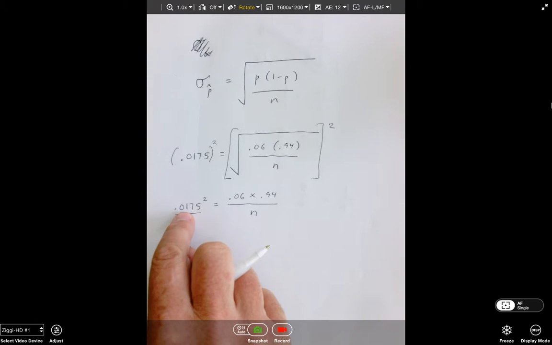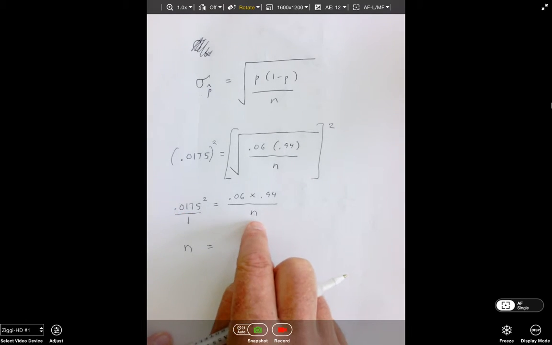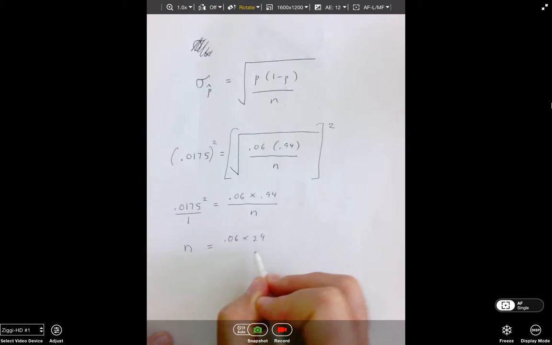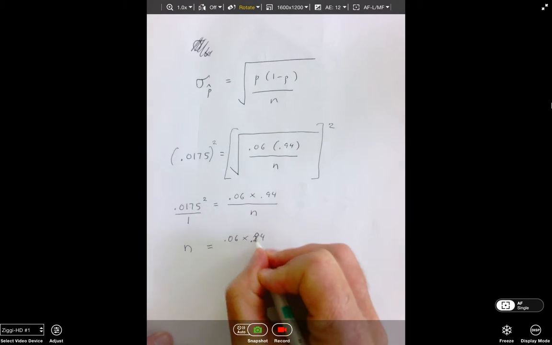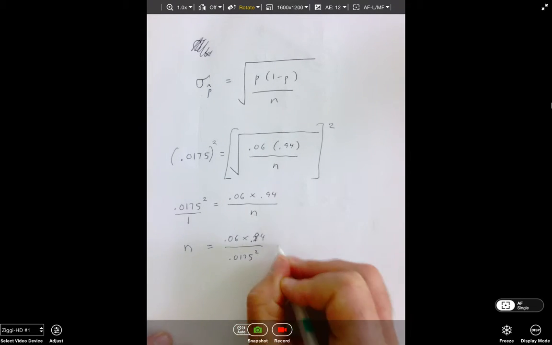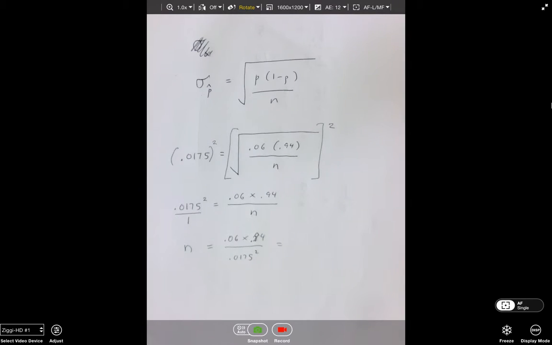And I can put the 0.0175 squared where the n is, which minimizes the steps required to work this problem.